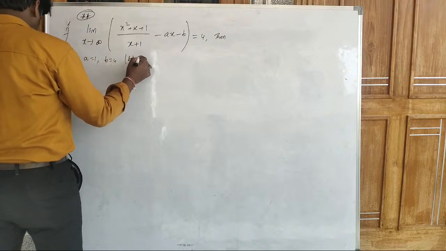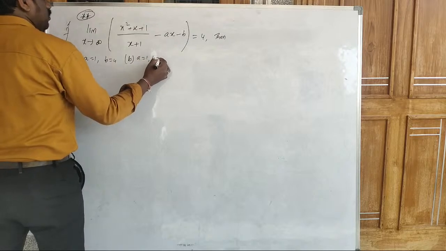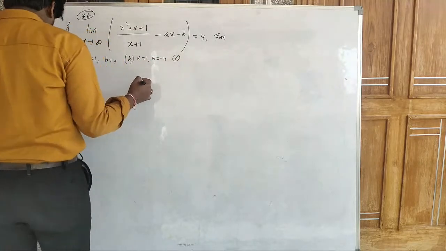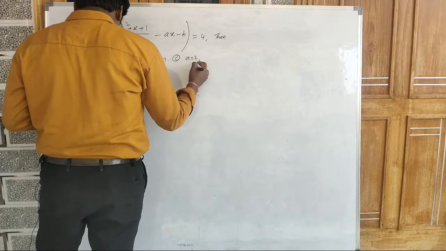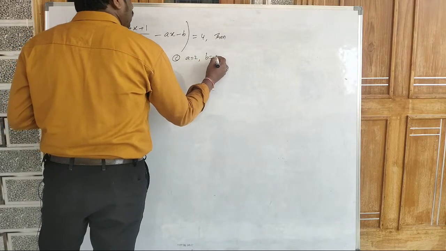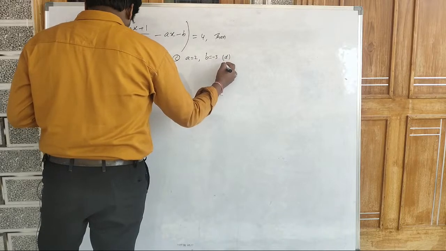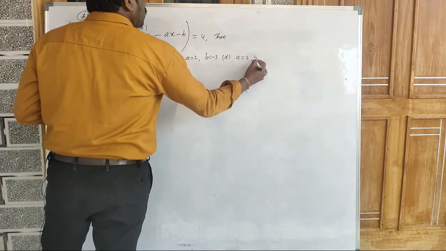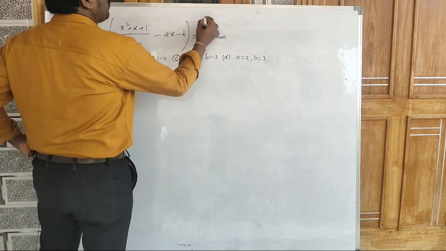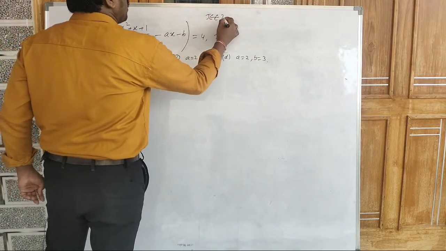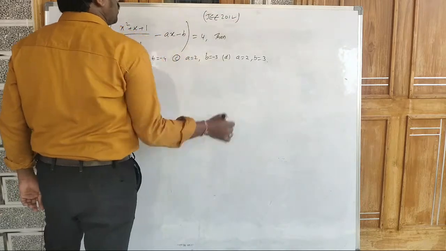Option B: a is equal to 1, b is equal to minus 4. Option C: a is equal to 2, b is equal to minus 3. Option D: a is equal to 2, b is equal to 3. It's a JEE question, JEE 2012. Even recently they asked such model questions.